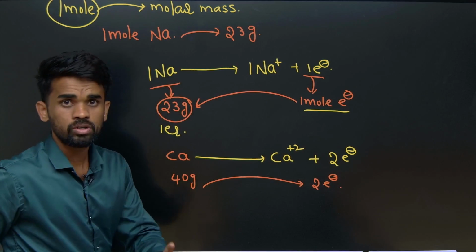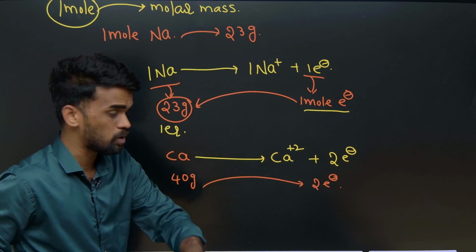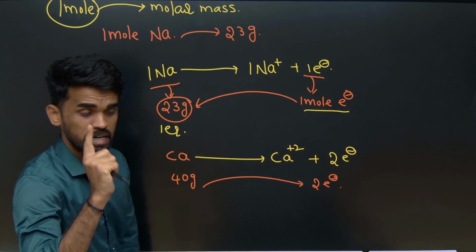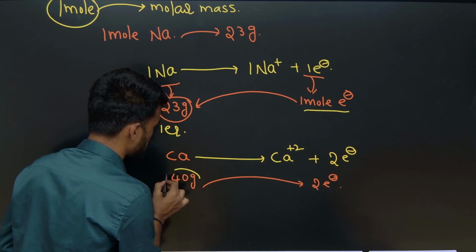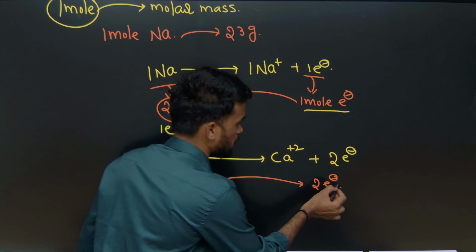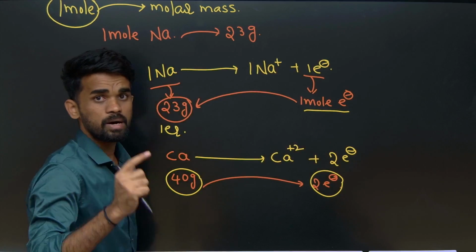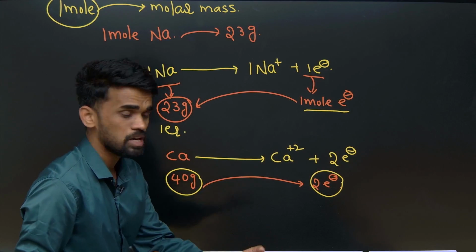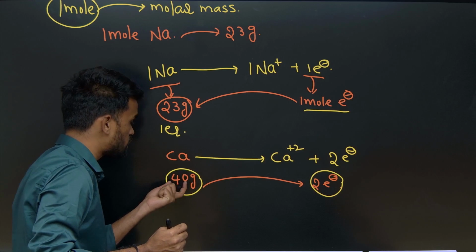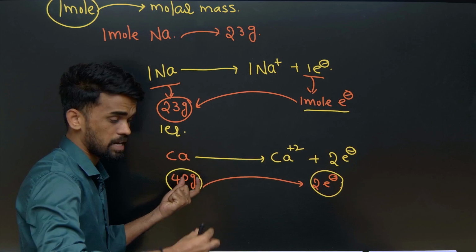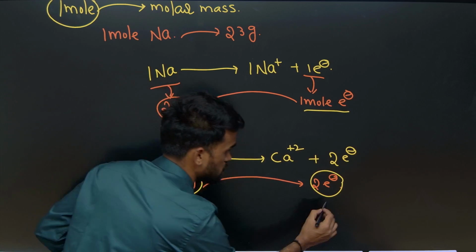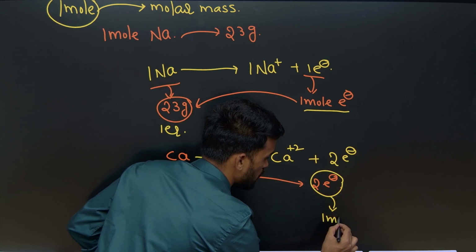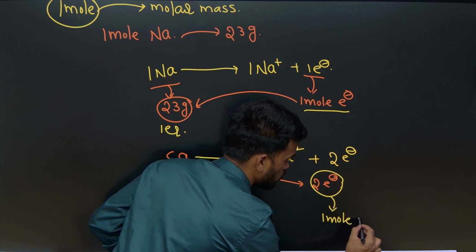What I told you, number of equivalents means we have to consider 1 mole of electrons. For every 40 grams of calcium, we are getting 2 moles of electrons, right? But the equivalence means the amount of the substance released or combined in that process for every 1 mole of electrons.